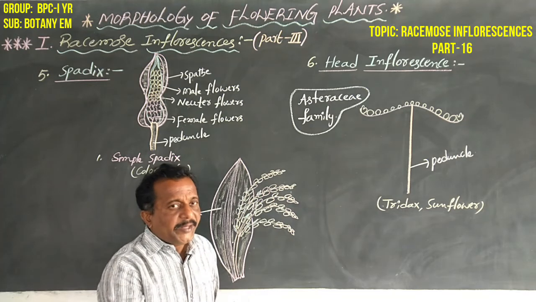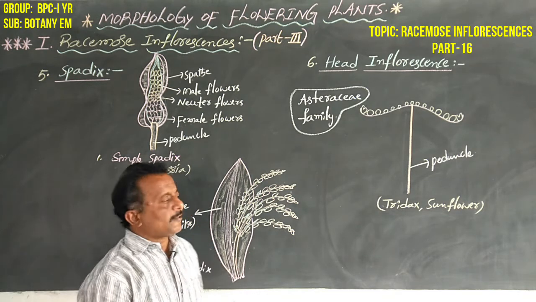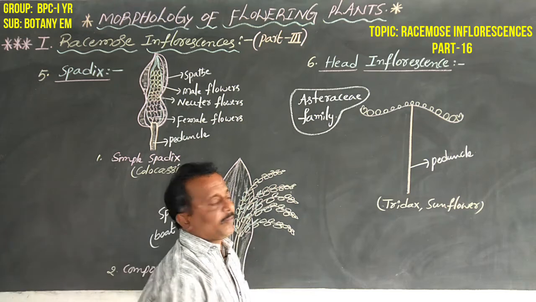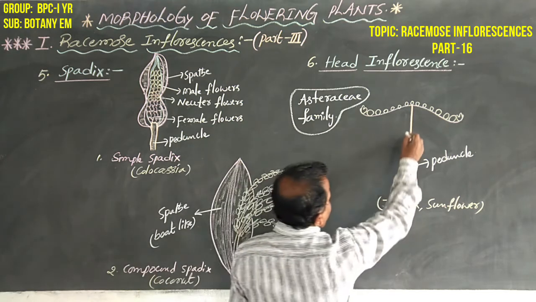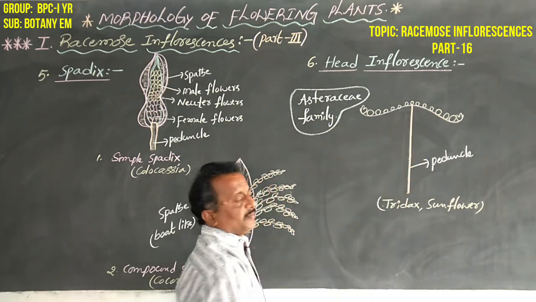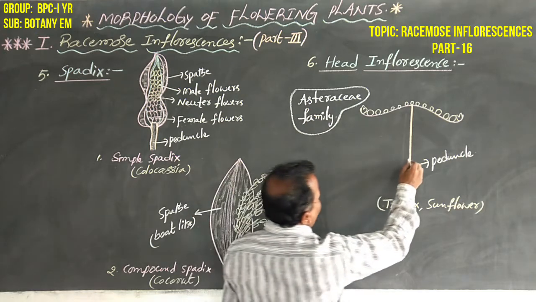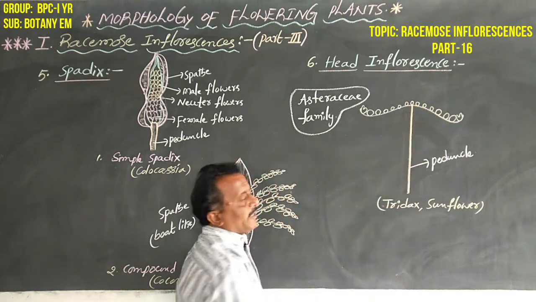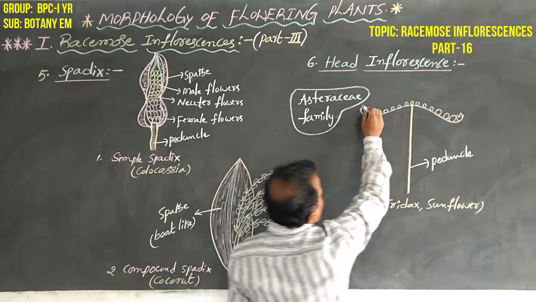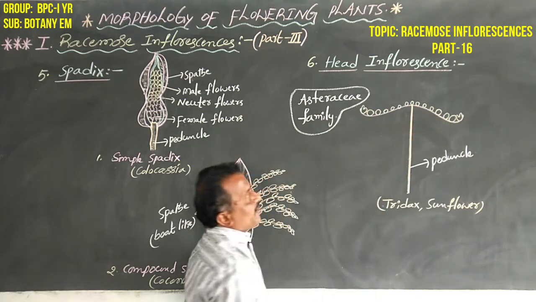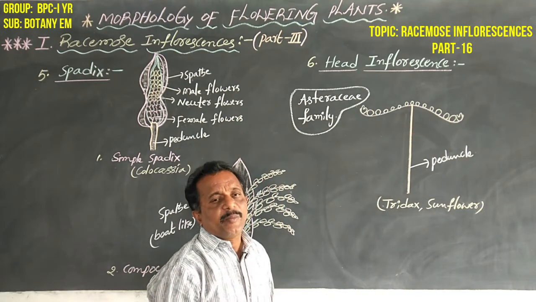But the main head inflorescences are seen in Tridax and sunflower. Dear students, this is a common peduncle. The common peduncle is condensed, and flowers are arranged in centripetal manner.